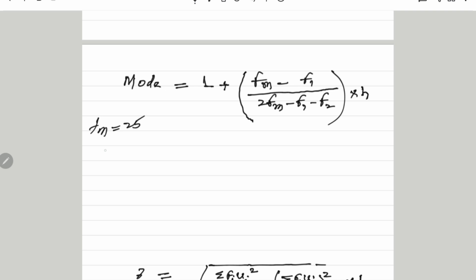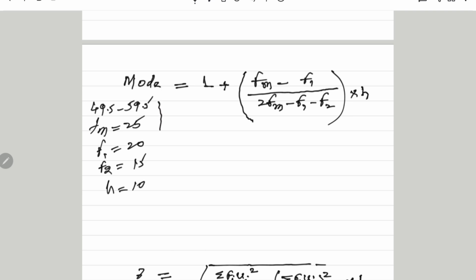The modal class is 49.5 to 59.5. For the corresponding classes, F1, the frequency of the preceding class, from the table is 20. F2, the frequency of the succeeding class, is 15, and H is 10.